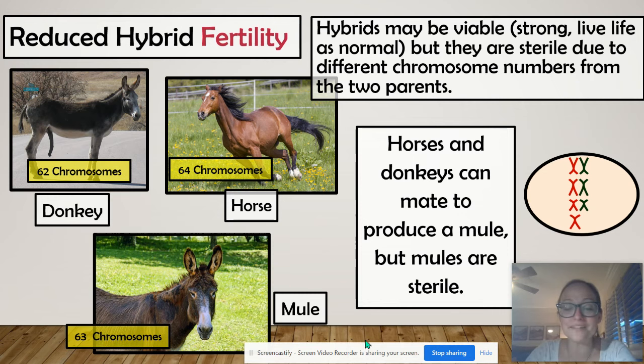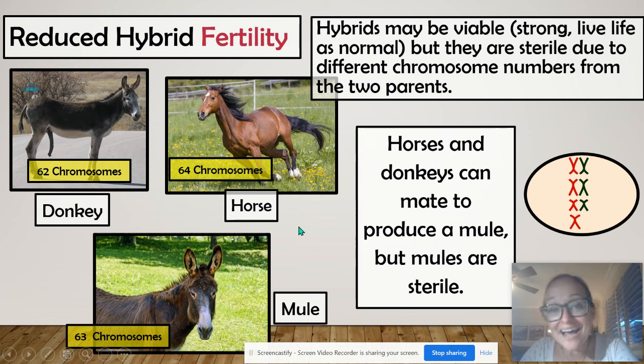If we look up here at the egg right above my face, you can see it's missing a homologous pair. This odd number of chromosomes makes the mule sterile. Therefore, the offspring is viable, but it's not fertile. And so you don't have horses and donkeys hybridizing and becoming the same species. They remain two separate species, but occasionally can produce a hybrid offspring, and that hybrid cannot mate.